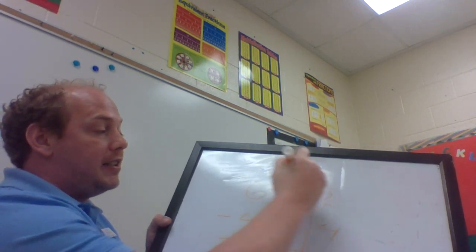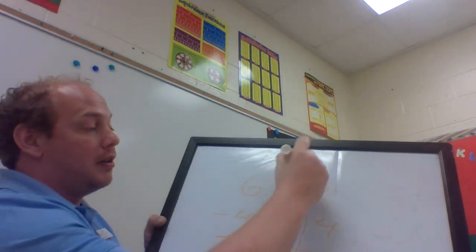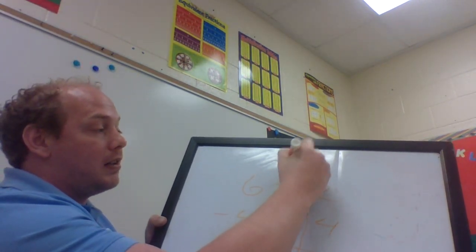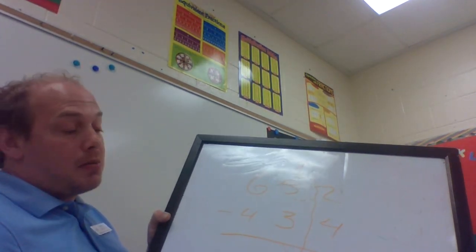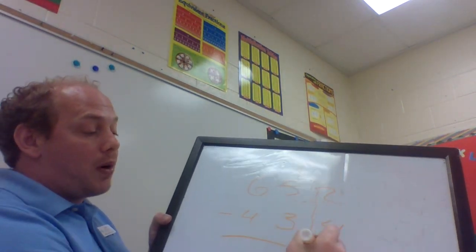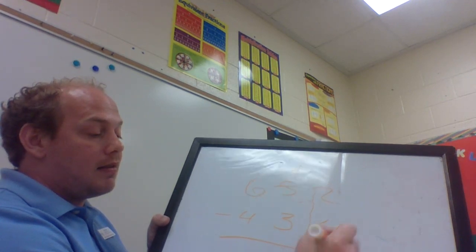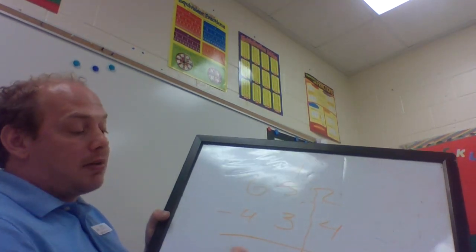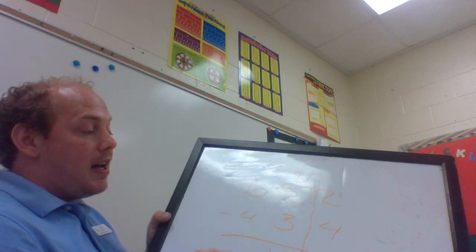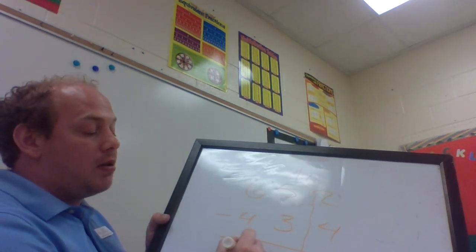Now the 5, instead of having 5 cups of sugar, only has 4. Now we're ready to subtract. 12 minus 4 is 8. 4 minus 3 is 1. And then 6 minus 4 is 2.